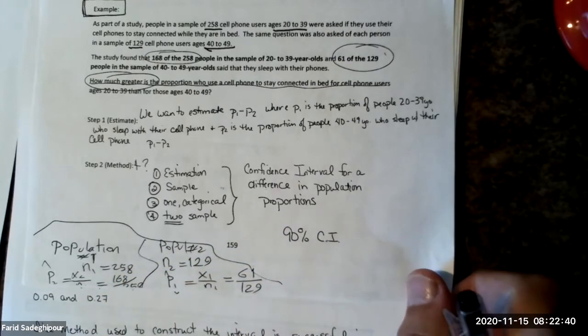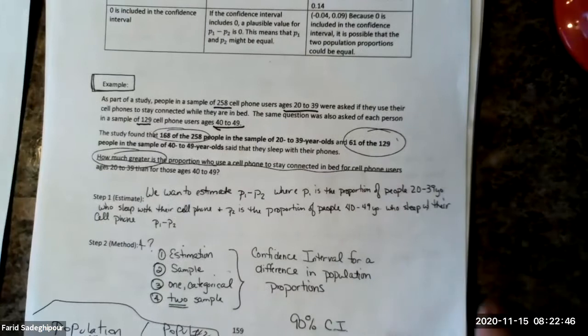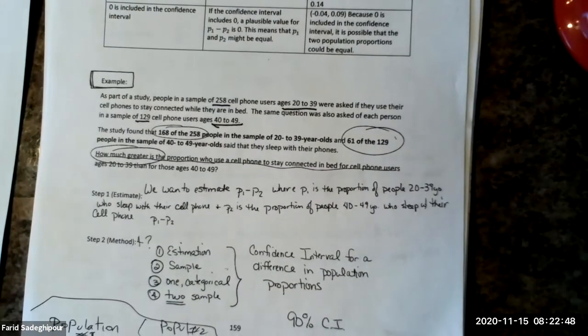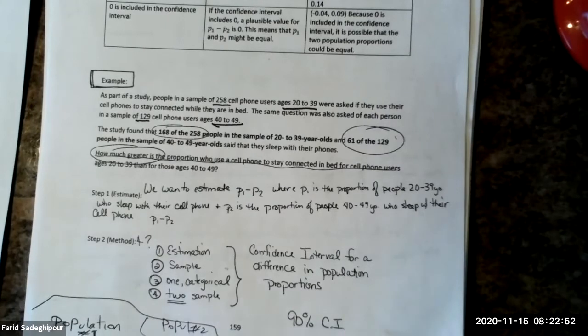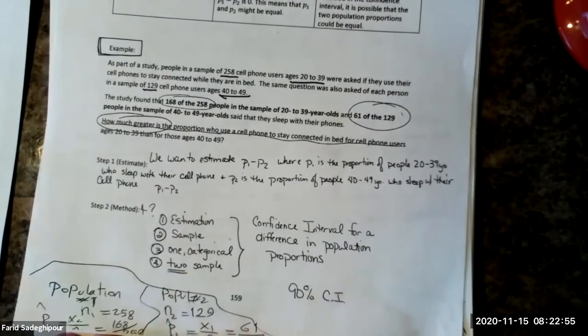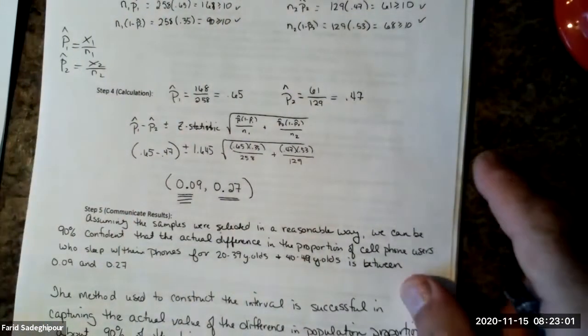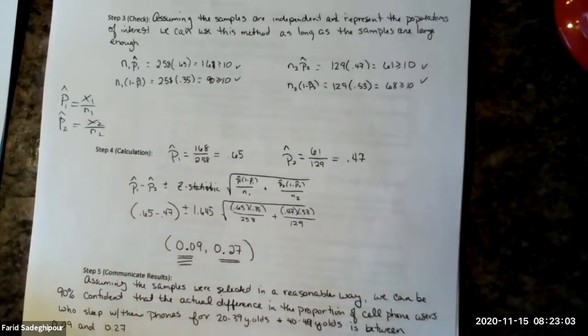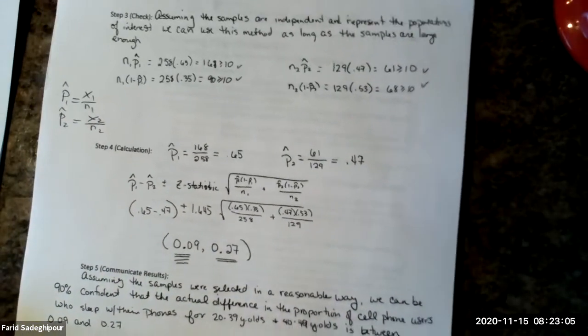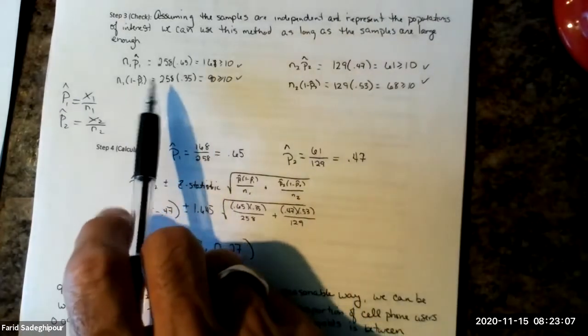Since the calculator needs x1, sometimes x1 is not given, like in these problems. If the proportion is given and n is given, then you could always calculate the x. I think I have that on the next page. See here? When you want to do the problem, first make sure that the conditions work.